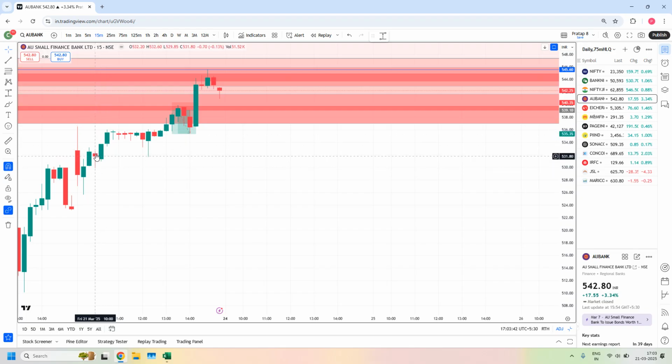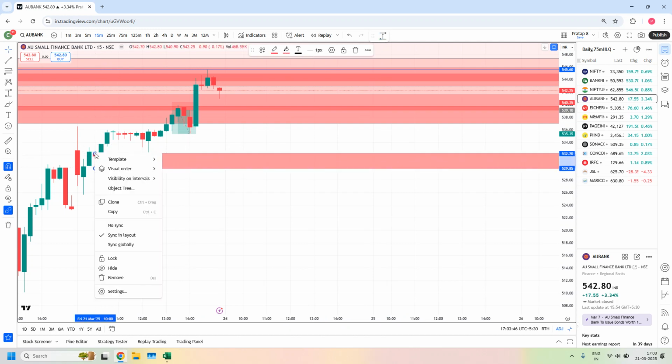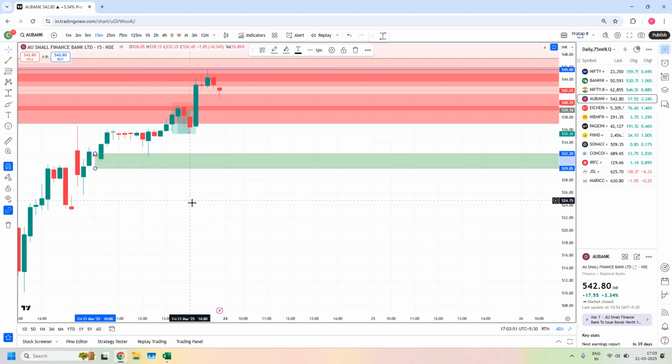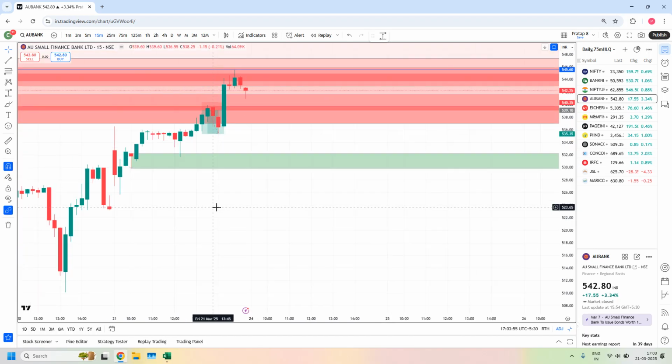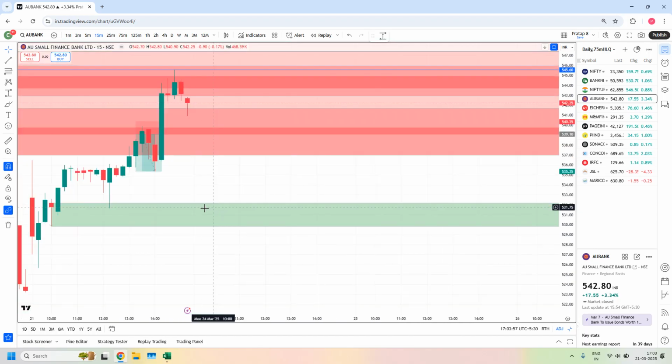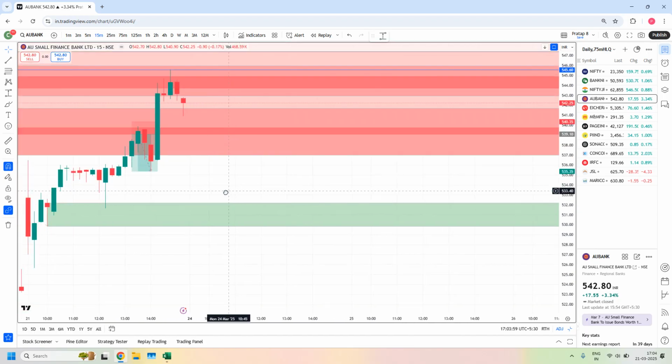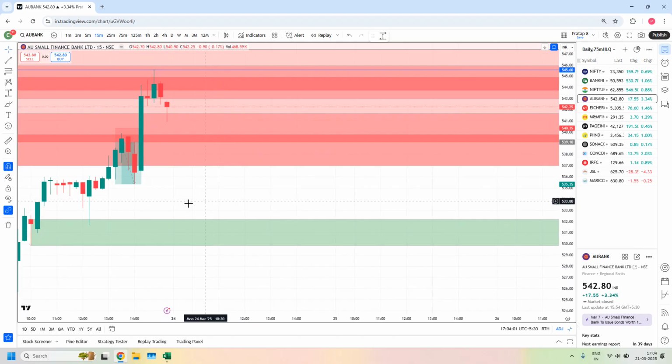That way also you can draw a 15 minute zone like this. But it failed to reach this 15 minutes target, though it achieved 1:3.